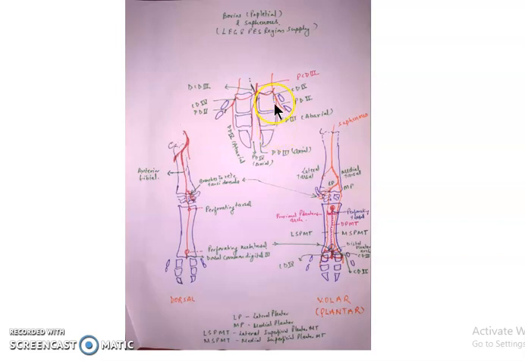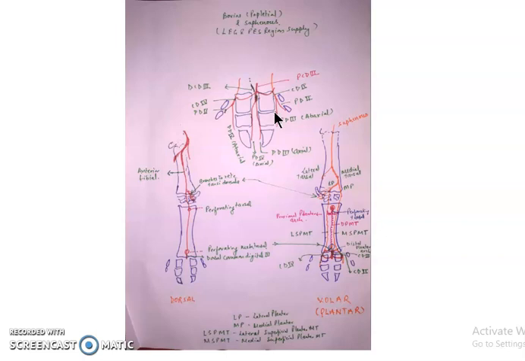That proper digital third will be supplying the abaxial surface of the third digit, while the proper digital second will be supplying the medial dew claw. So, it means the medial dew claw as well as lateral dew claw are getting a single supply, while the third and fourth digits are getting the dual supply with the help of common digital third, common digital 4 as well as common digital 2.